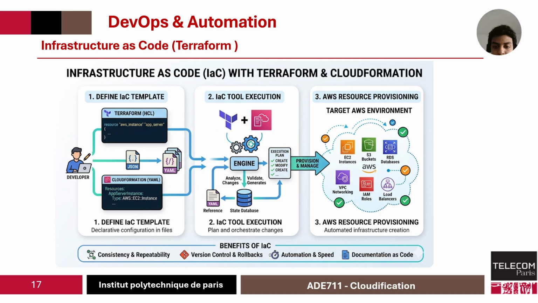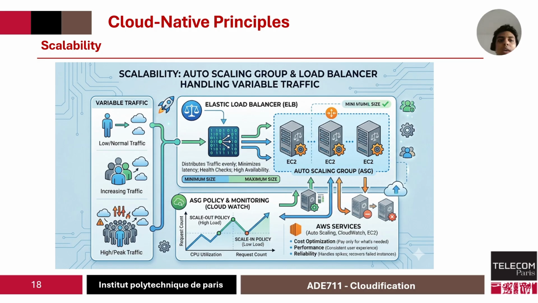The most important ones are consistency and repeatability, version control and rollback if there is any incident, automation and speed, and of course documentation as code.